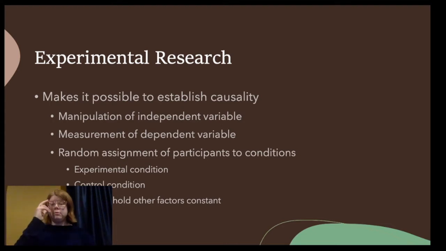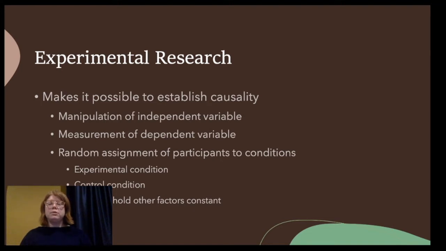So one condition would be the experimental condition in which the participant receives an intervention or experiences a stimulus. The control condition in which otherwise similar participants, randomly assigned, don't get the intervention or get what we call a placebo intervention, meaning they get something but not the variable under study. We'll talk more about examples in a moment.